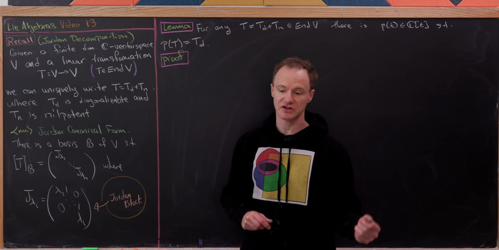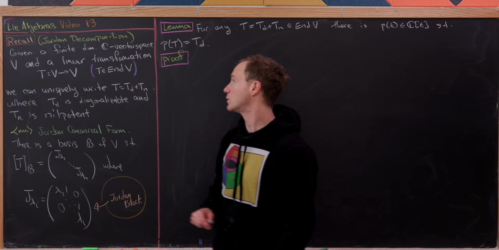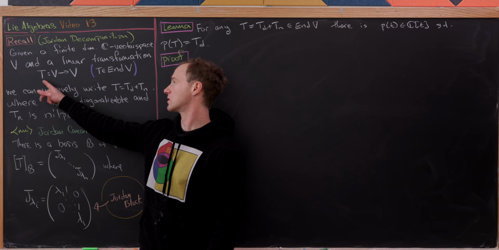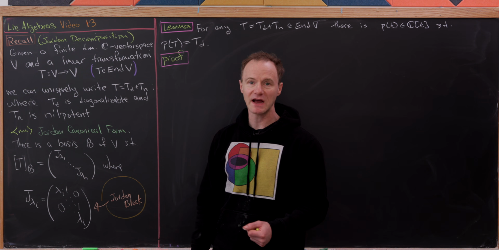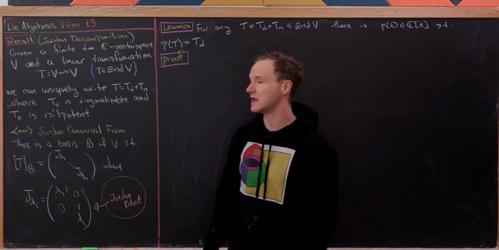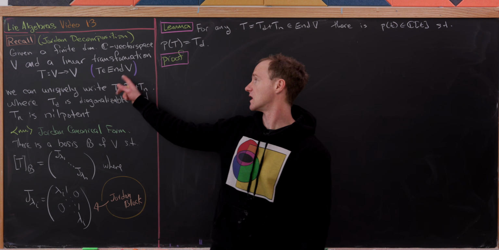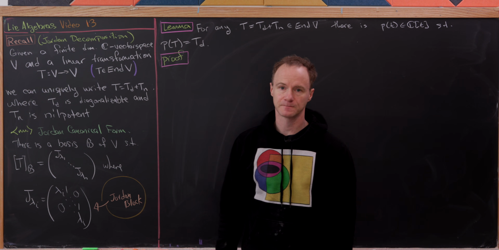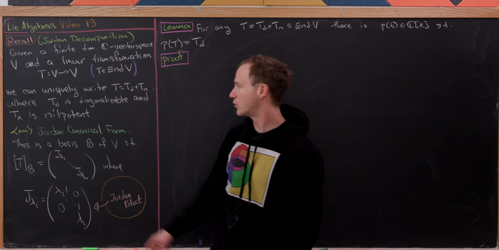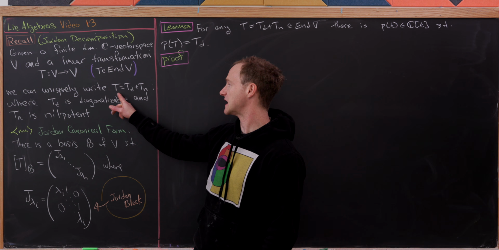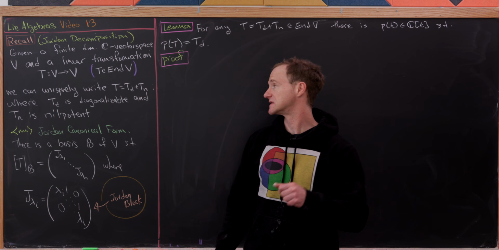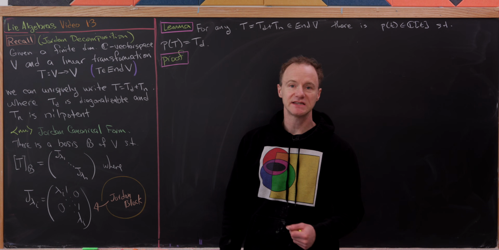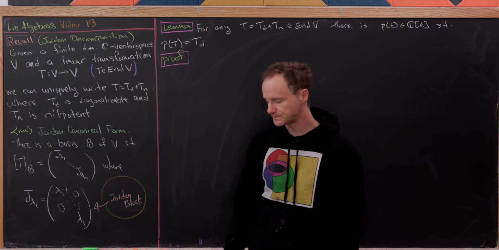Okay, so we've got our vector space over C. And then we also have a linear transformation, which we'll call T from V to itself. Let's recall that we might say that T is an element of the endomorphisms of V, and write it like this. So given that setup, we can uniquely write T as T sub D plus T sub N, where T sub D is diagonalizable and T sub N is nilpotent.